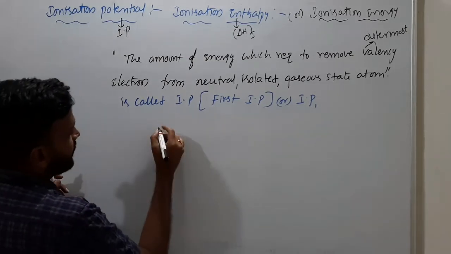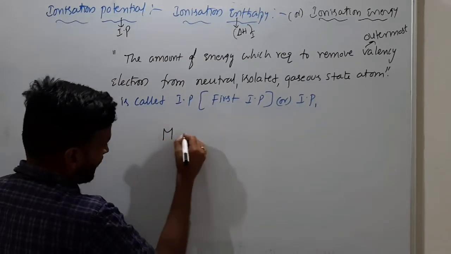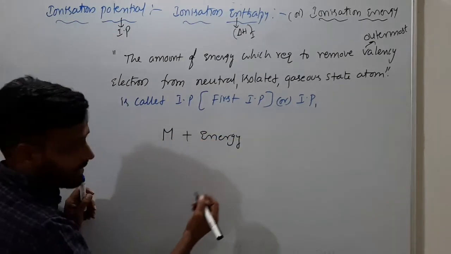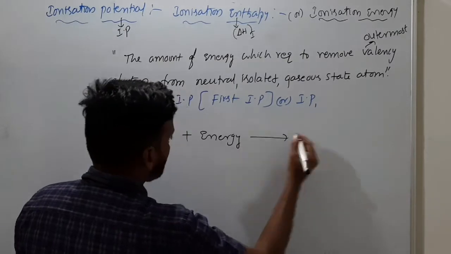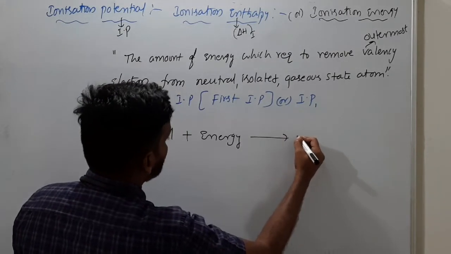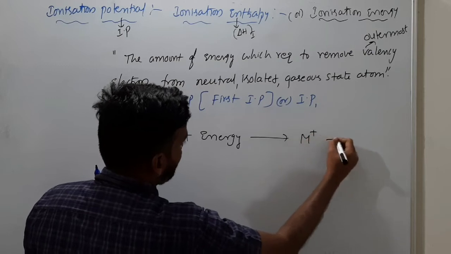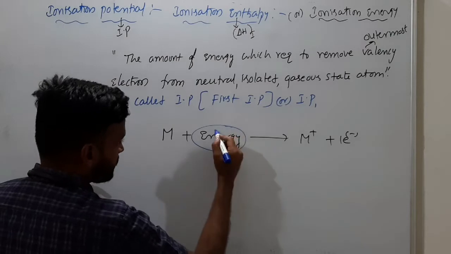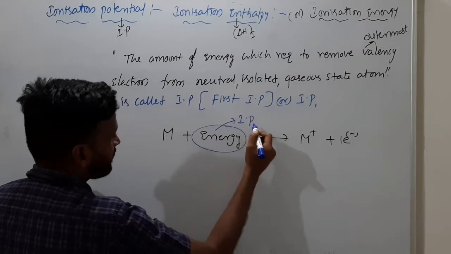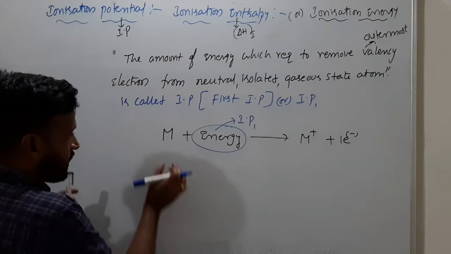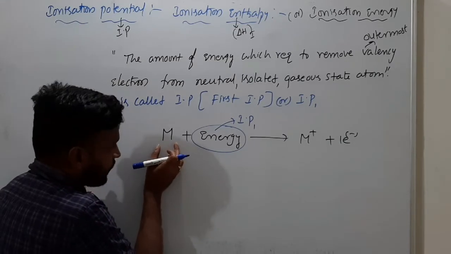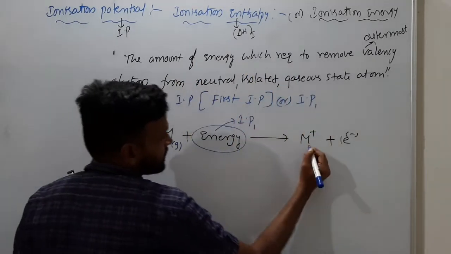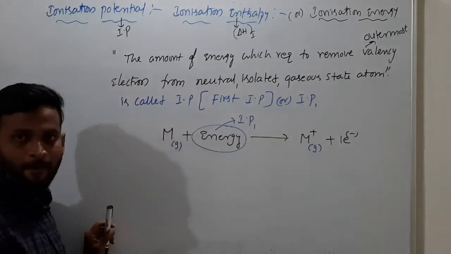Simply I will write M, and I am giving some energy. This is the required energy, and it is converted to M plus and 1 electron. What is this energy required called? This energy required is IP1. From a neutral atom in the gaseous state, only in the gaseous state it is possible.